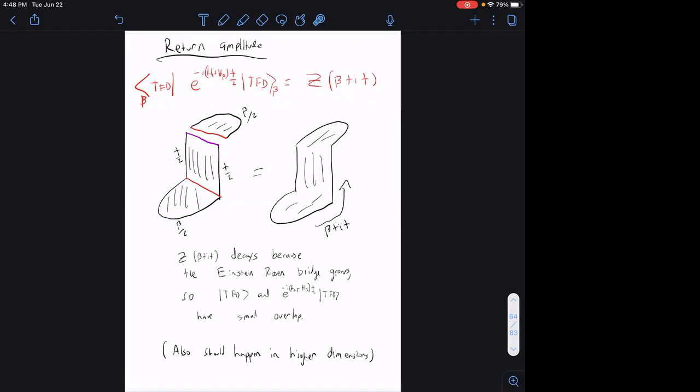Here I've evolved only by t over 2, and we'll see why in a moment. So this creates the time evolved state on this purple slice. And then we take the overlap with the time equals 0 state by gluing together these two slices. When we glue, we integrate over all these geometries with these boundary lengths. So there's a segment of beta over 2, t over 2, beta over 2, and t over 2. Altogether, that means the boundary has a piece that's Euclidean of length beta and a piece that's Lorentzian of length t. So that's precisely the path integral which would give something like this.